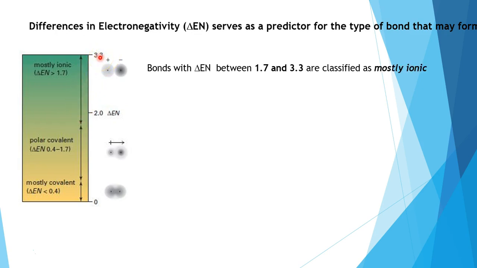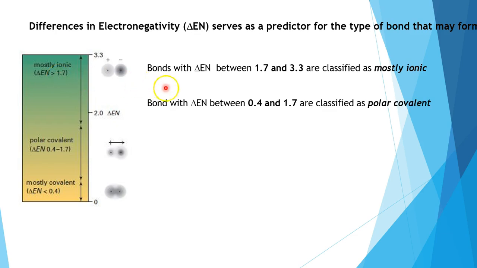So these are cutoff values that chemists use to make predictions as to the type of bond that would form between 2 atoms. Bonds with delta EN values between 1.7 and 3.3 are classified as mostly ionic. So that would be around here, mostly ionic. Bonds with delta EN values between 0.4 and 1.7 are classified as polar covalent.